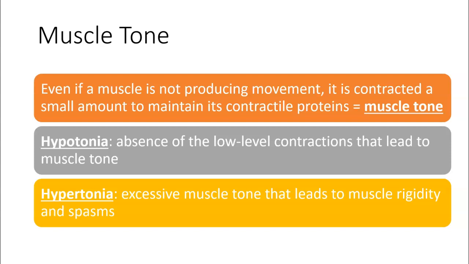Typically, hypertonia is going to be the result of damage to upper motor neurons in the central nervous system. And this is going to be seen in diseases like Parkinson's disease, where you have that muscle rigidity and those muscle spasms that are very symptomatic of that particular disorder.